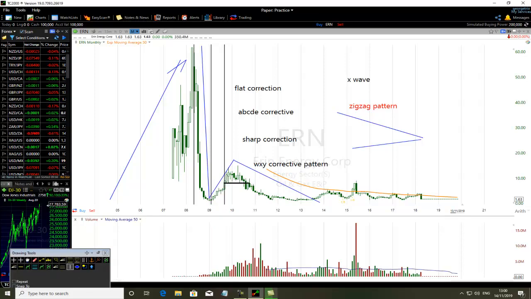And George, this is my X wave because it's a trending phase that has failed after the sharp correction. All right, good. George, this is that portion that is left here. That's my Y wave. The Y wave is correcting my X wave, and my X wave is correcting my W wave.